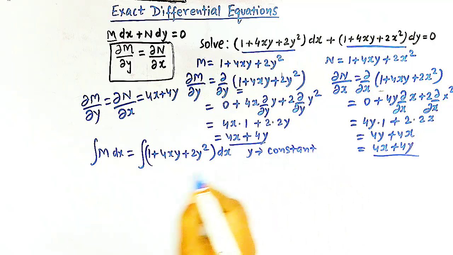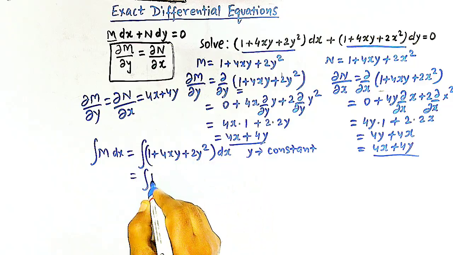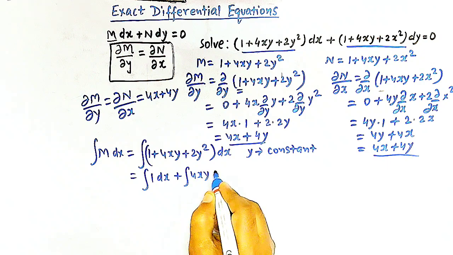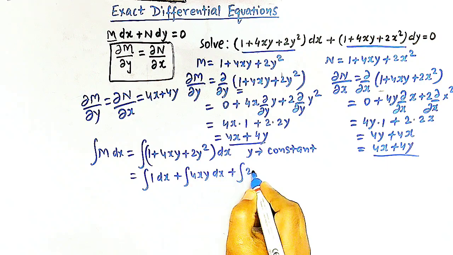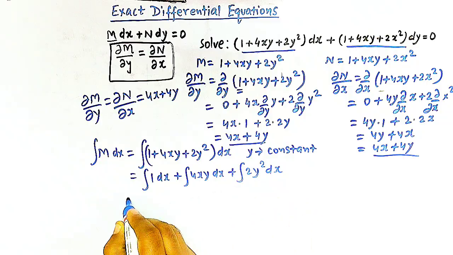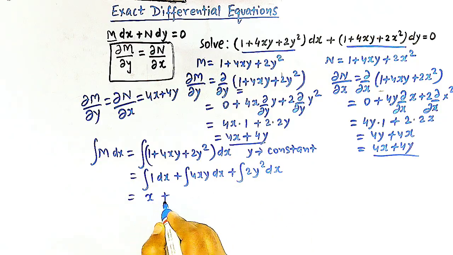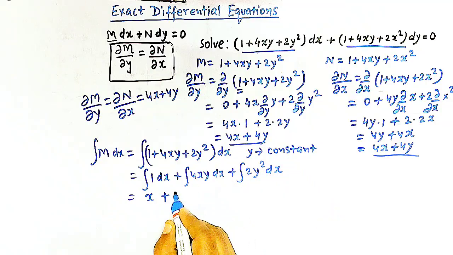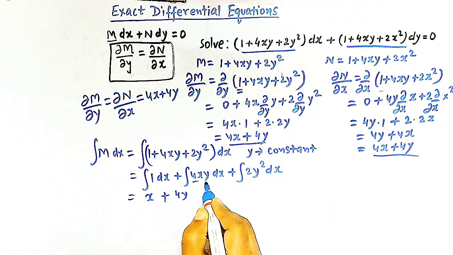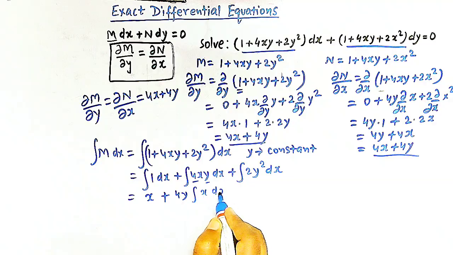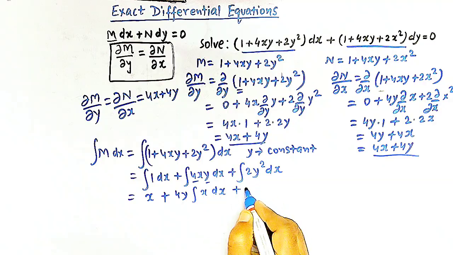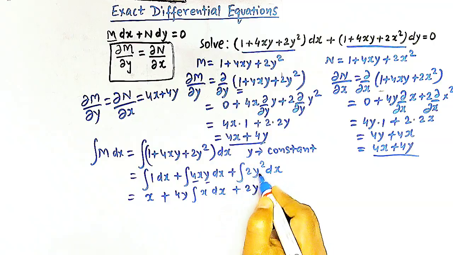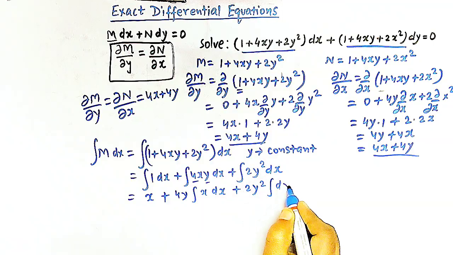So we have the integral of 1 dx, then the integral of 4xy dx, then the integral of 2y square dx. Here y is constant, so we can take 4y outside the integral, with x dx, and 2y square outside the integral, because it is constant, with dx.